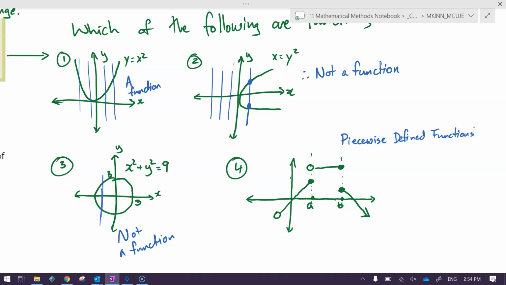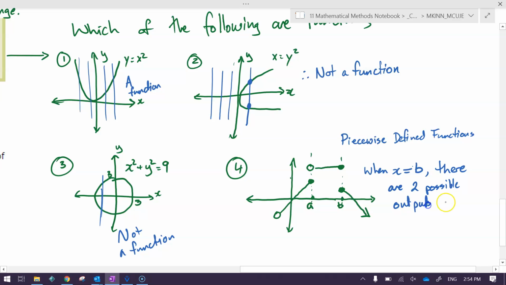So they have different rates depending on how long you stay there. Usually they are functions, but you can see in this particular case, when x equals b, there are two possible outputs. Therefore, that is not a function.